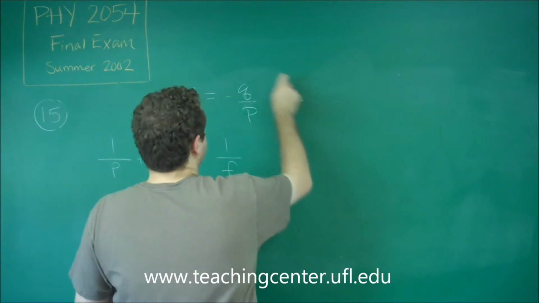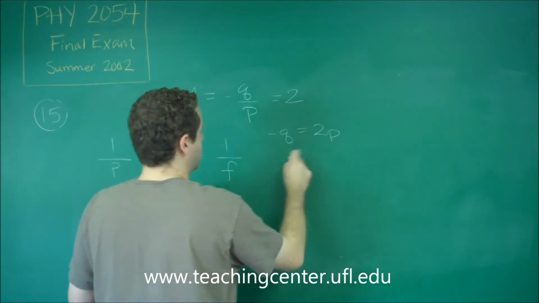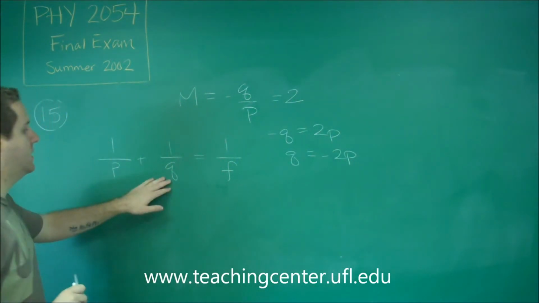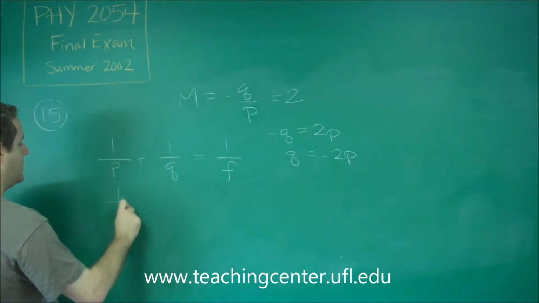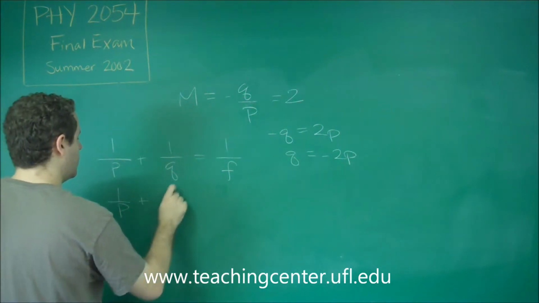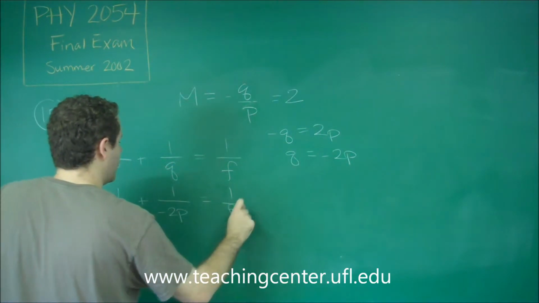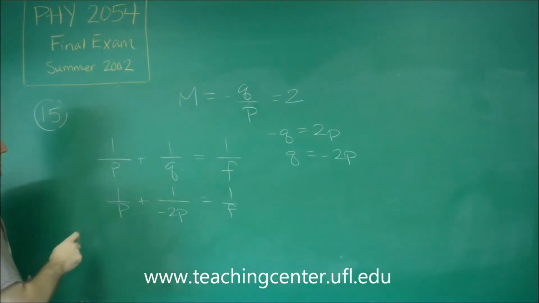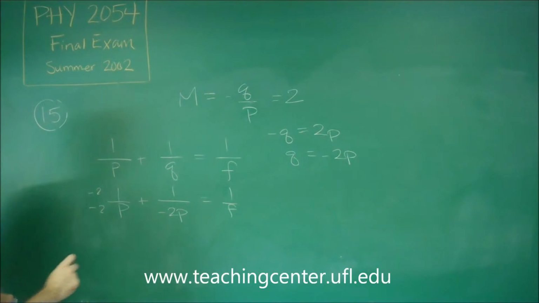So what we can do here is with this equation say negative Q equals 2P. In other words, Q equals negative 2P. Plug it in here, and we don't have to worry about anything else. So we have 1 over P plus 1 over negative 2P equals 1 over F. So we can combine these by getting a common denominator, multiplying this by negative 2 on top and bottom.